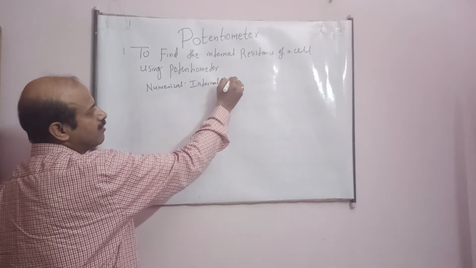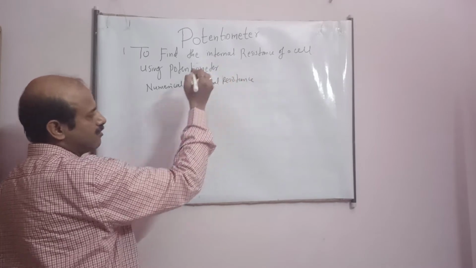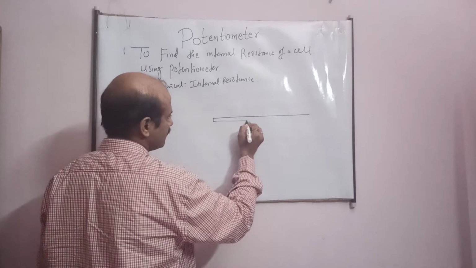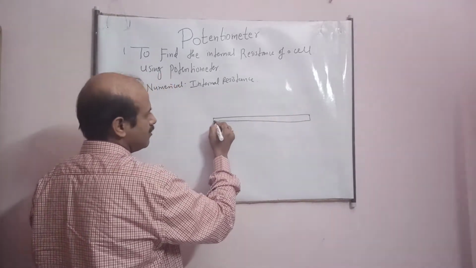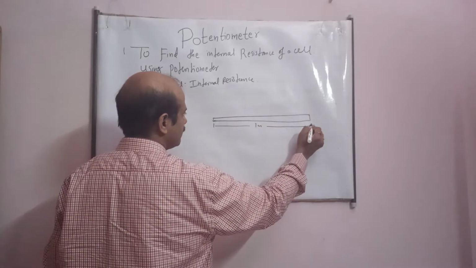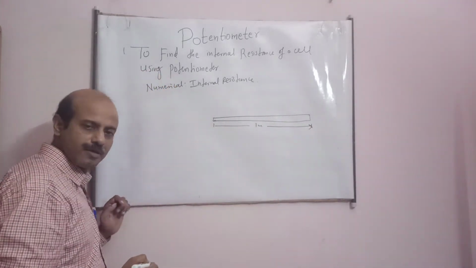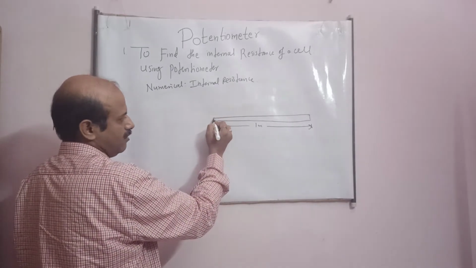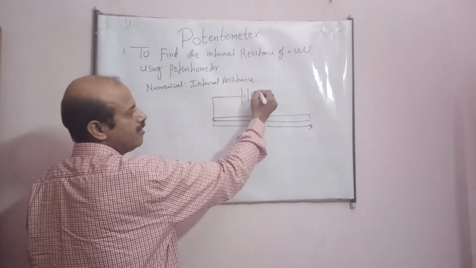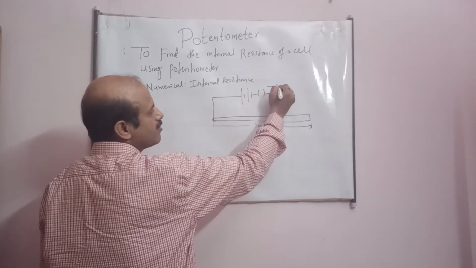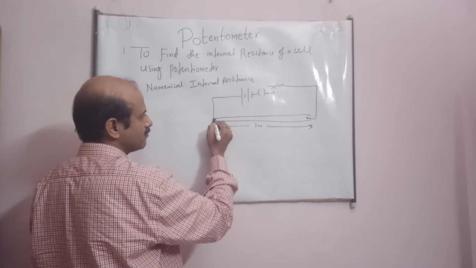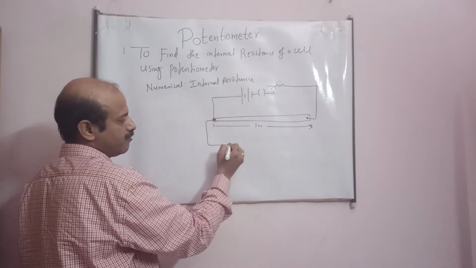Internal resistance. See, student, this is the potentiometer wire. This length I am taking as 1 meter. This is the main battery, the auxiliary or driving battery, key, rheostat. Now here is the circuit for internal resistance.